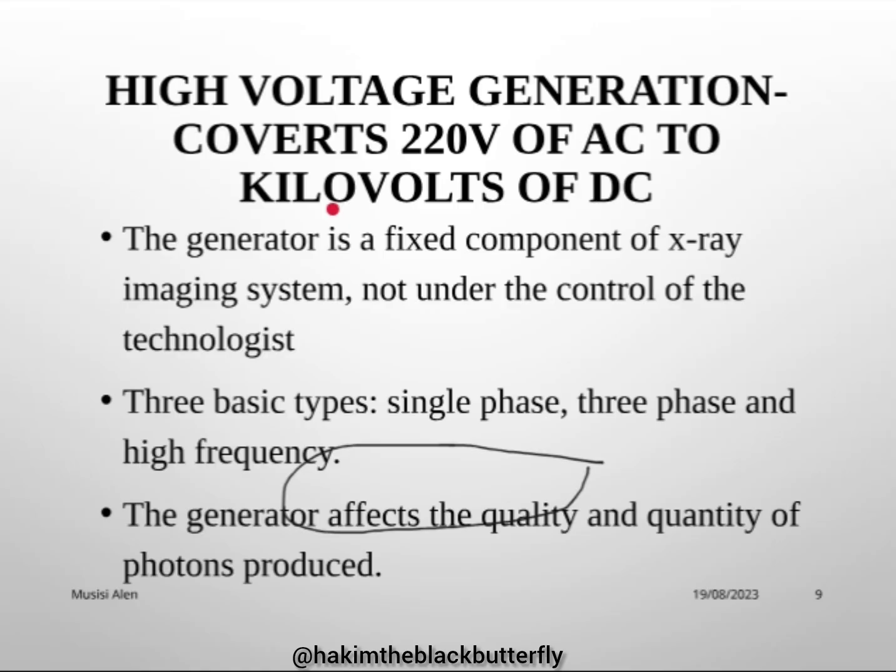The kV determines the energy of the X-ray photons, and also to a certain extent the amount of photons in the X-ray beam. The mA only affects the number of photons in the X-ray beam. The higher the mA, the higher the number of X-ray photons in the beam.